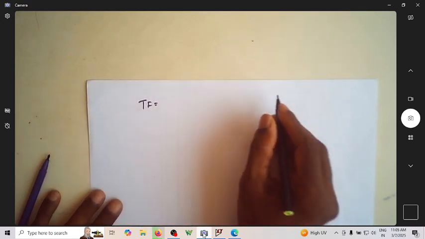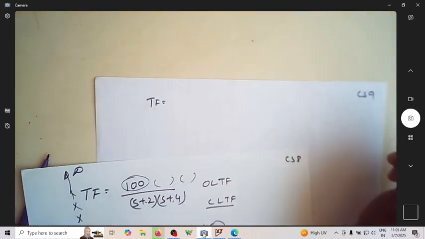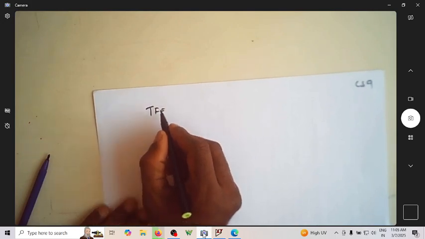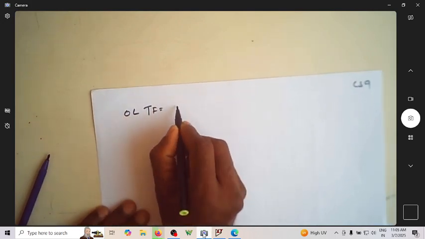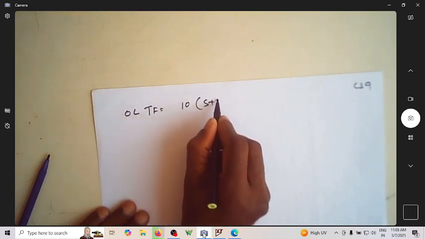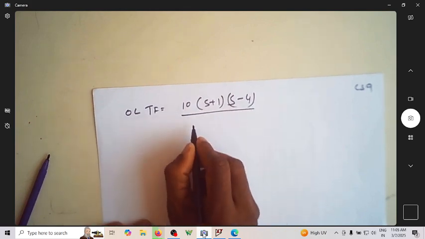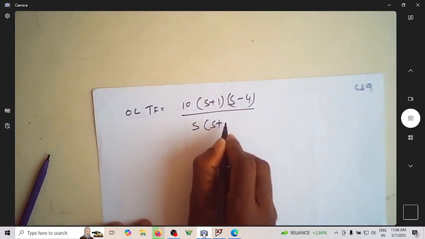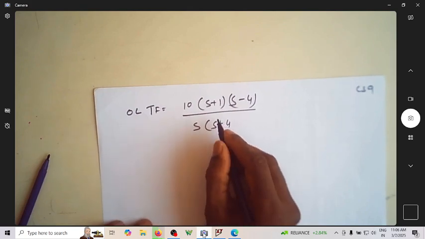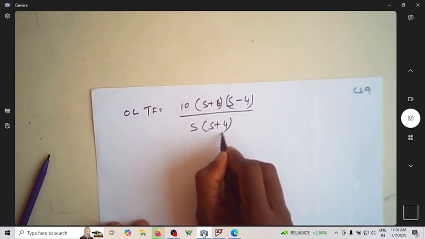Let me track that number. This is 7, this is CS8, this is CS9. Assume that I have an open loop transfer function which is 10 into (s plus 6)(s minus 4), over s into (s plus 4).